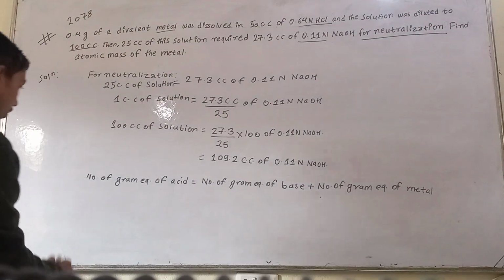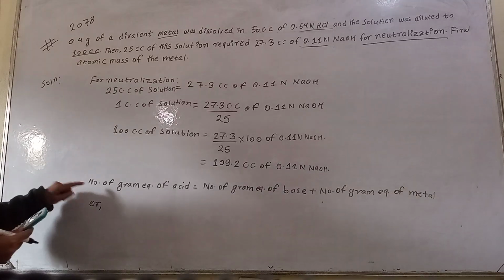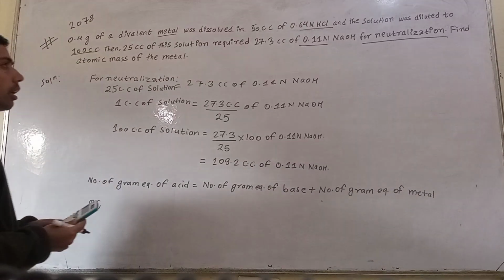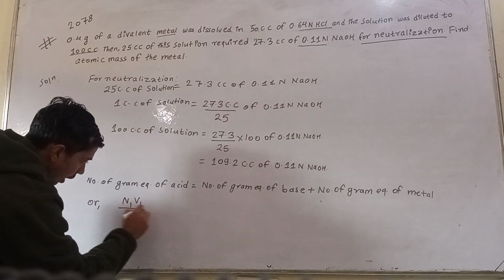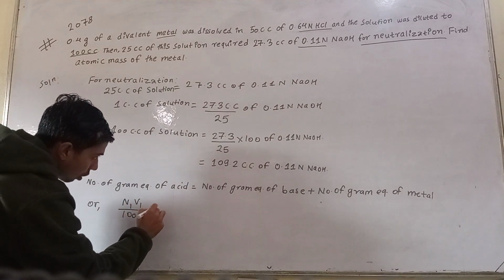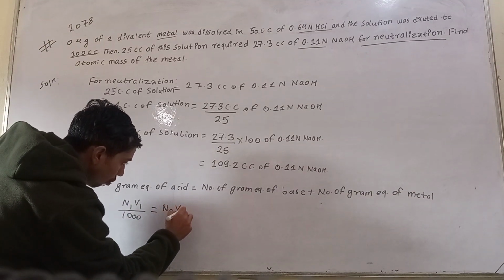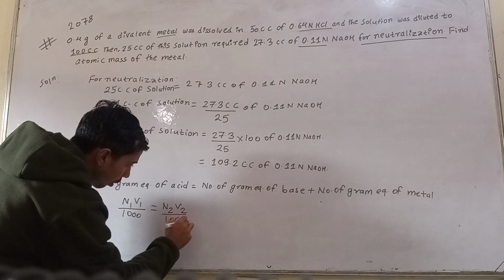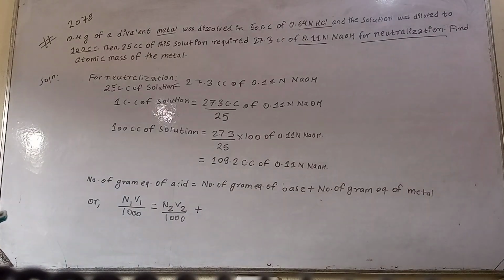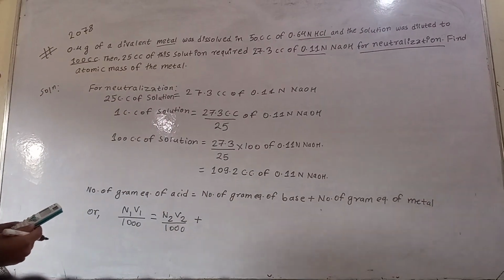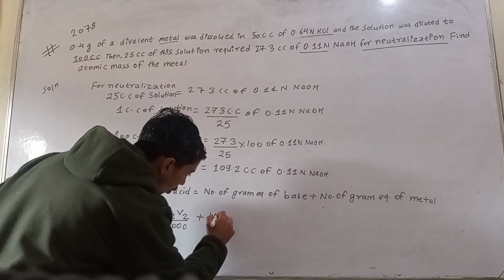We know the formula that the number of gram equivalent of acid is N1V1 upon 1000, equals number of gram equivalent of base N2V2 upon 1000 plus number of gram equivalent of metal.